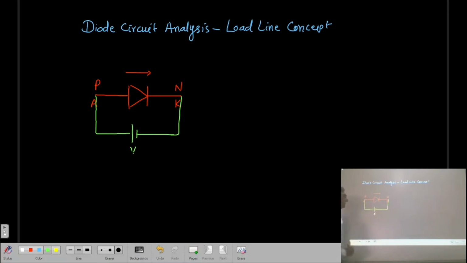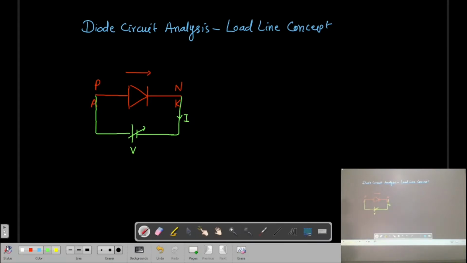If we apply different voltages, that means we change this voltage, and measure the current for each value of voltage, then if we draw the graph of I versus V, it is called the forward bias characteristics of the p-n junction. So let us see what these characteristics are.